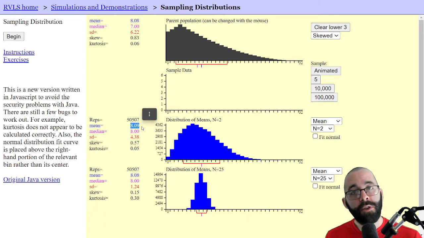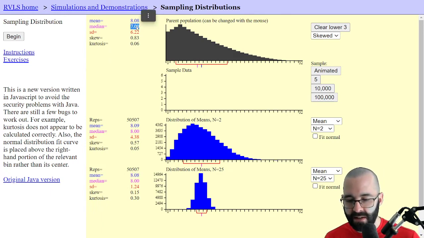If we asked 2 professors their favorite number and found the average, it is very close. It's almost the same average. And if we ask 25 professors, it is the same average. Median. It's 7 up here. It's 8 here. And it's 8 here.